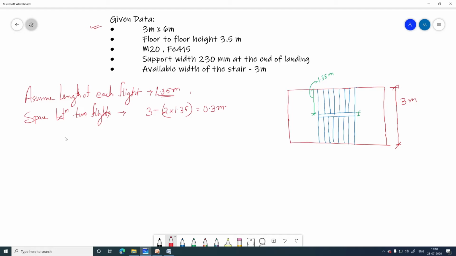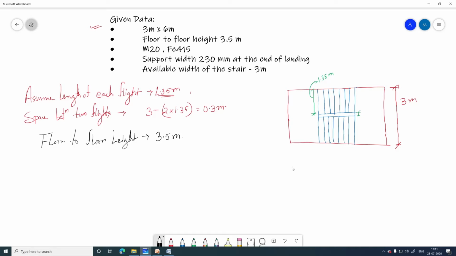Now the floor to floor height is given, that is 3.5 meter, right? So each flight will have how much value?